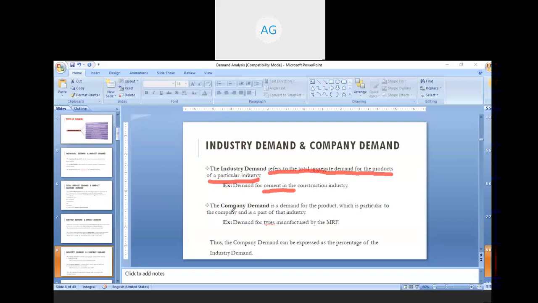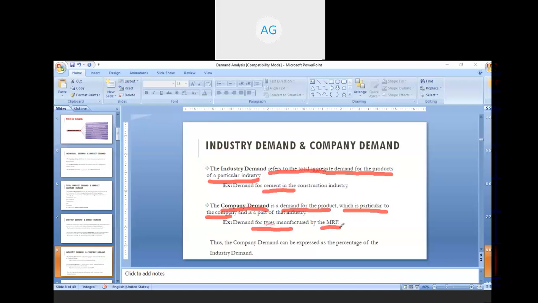The next type of demand is company demand. Company demand is the demand for a product which is particular to the company and is a part of that industry. As you know, there are many private companies with proprietary products which are patented by a particular company. For example, demand for tires manufactured by MRF.